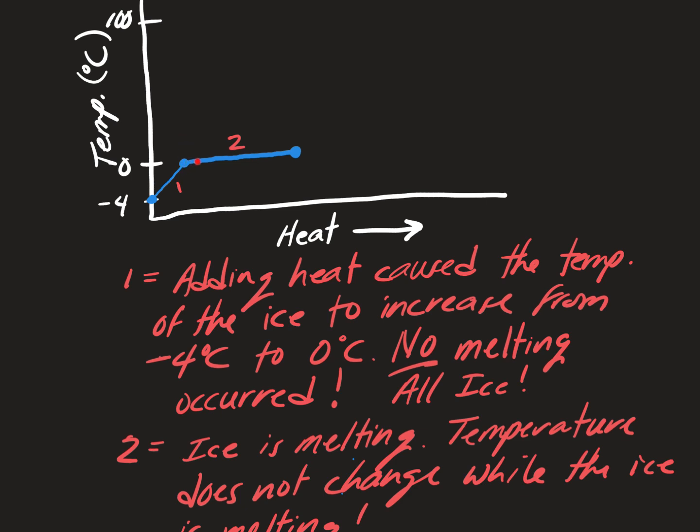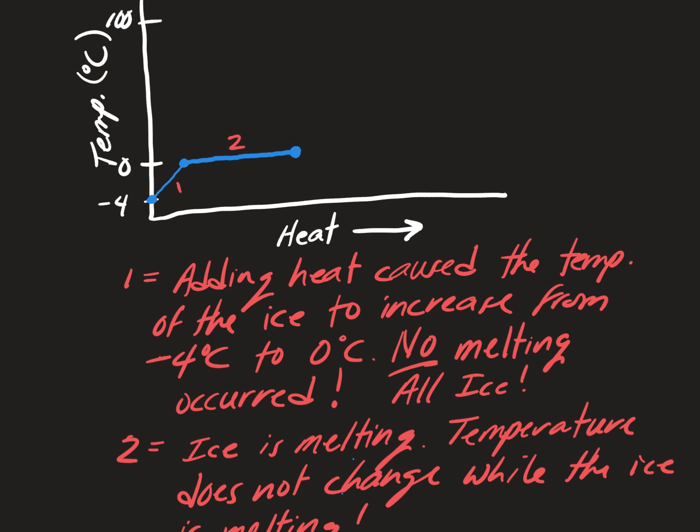As we're adding energy, we've got solid becoming liquid, and so on, until we get to this point and all of the ice has turned to liquid water. Okay, so melting is complete here.